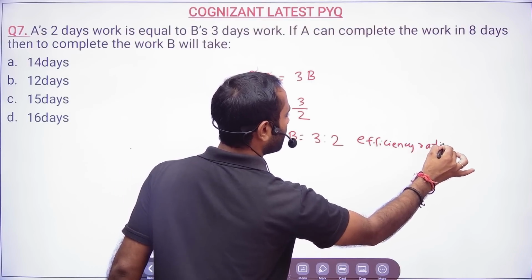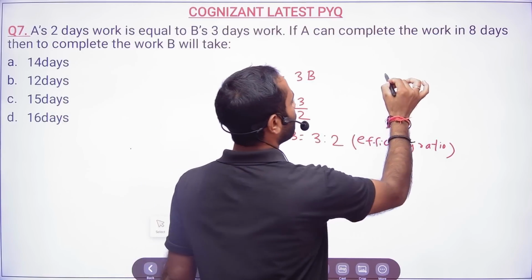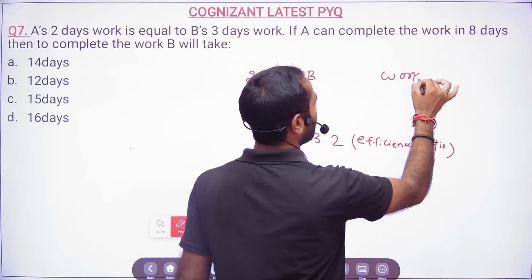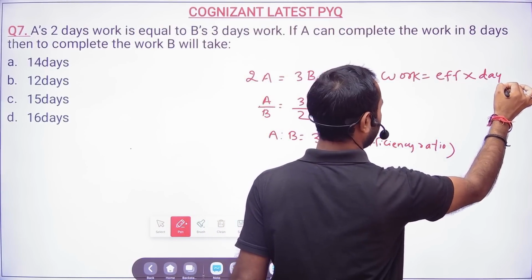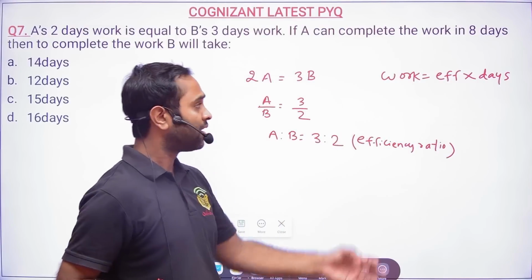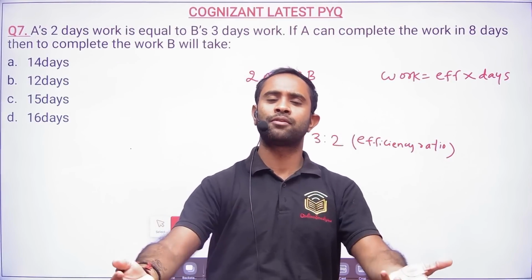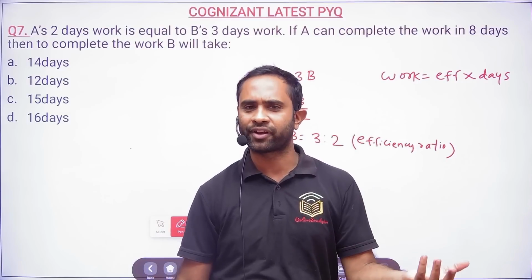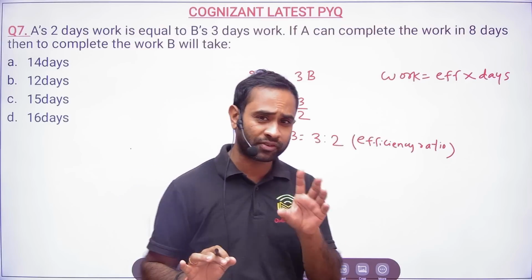Okay, now friends, one formula I have told you. Work will be equal to efficiency into days, efficiency into time. Sir, how did you get the formula? I will tell you, for everything, math works on logic.